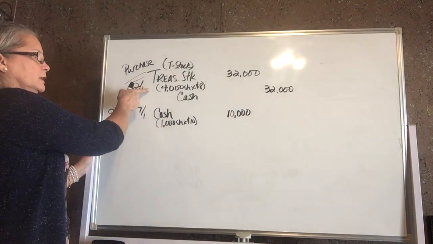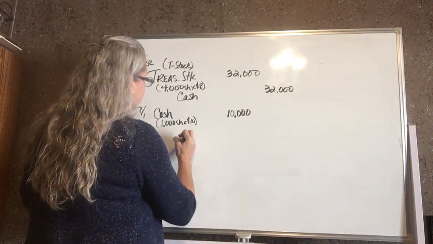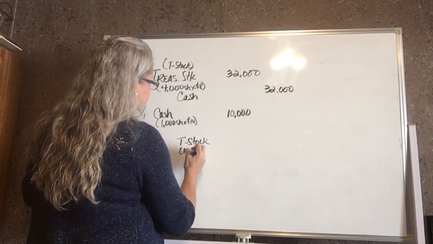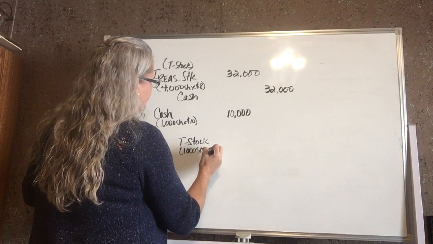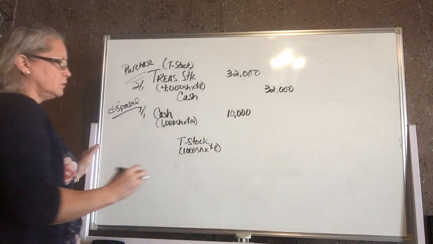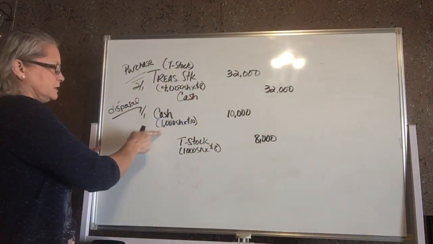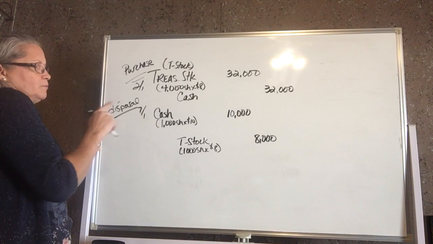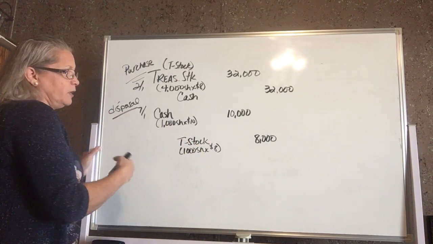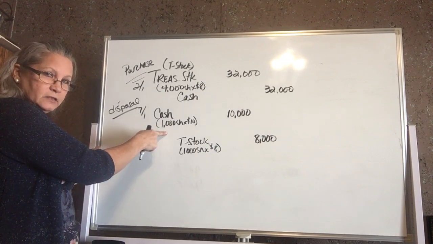Now what it goes in at, it must also come out at. So I'm going to credit T-stock, the 1,000 shares at the $8 rate because that's what it went in at. So 8,000. Now you'll notice I left some space in between here because I could have figured it out and just done it underneath, but I didn't because eventually we may need some space in here.